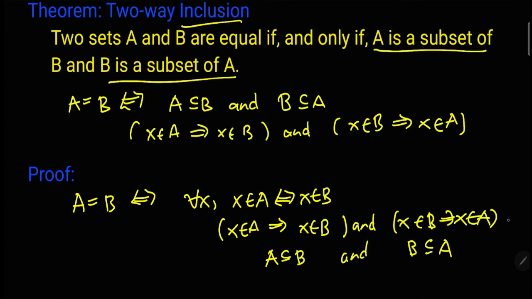So, this is a very good technique whenever you want 2 sets to be equal. All you need to do is to show that the first set is a subset of the second set, and the second set is a subset of the first set as well.